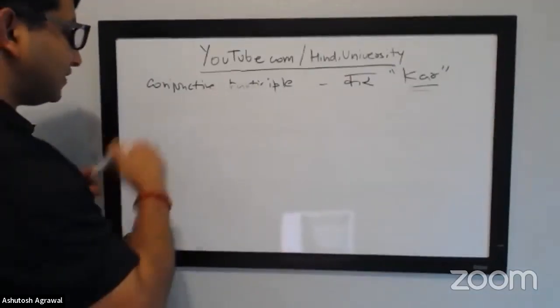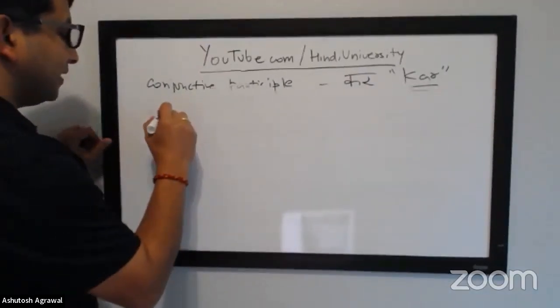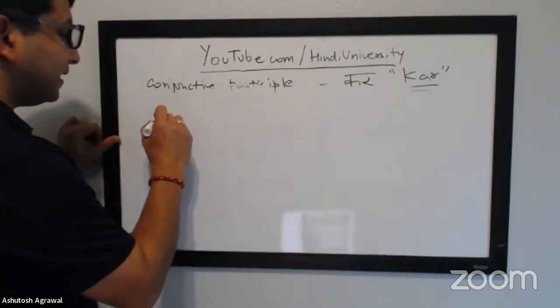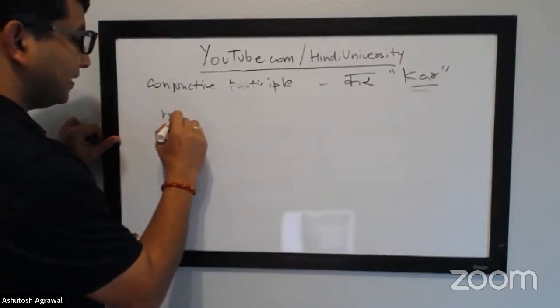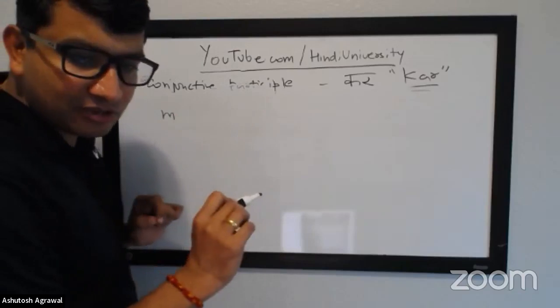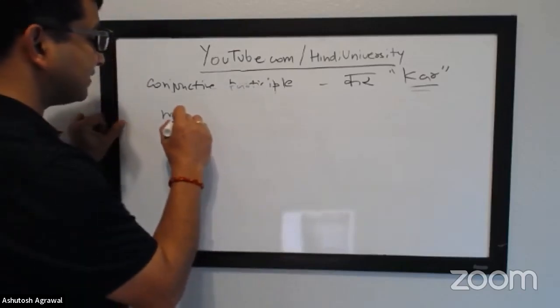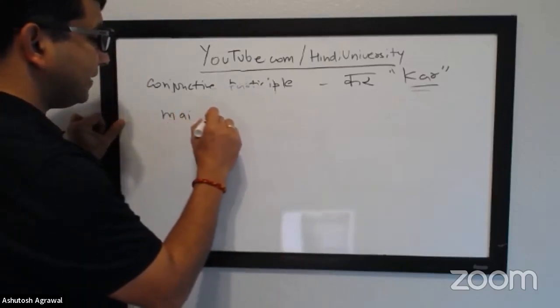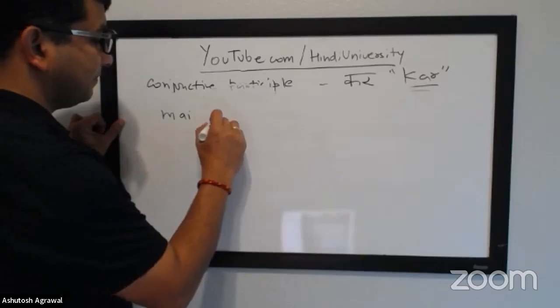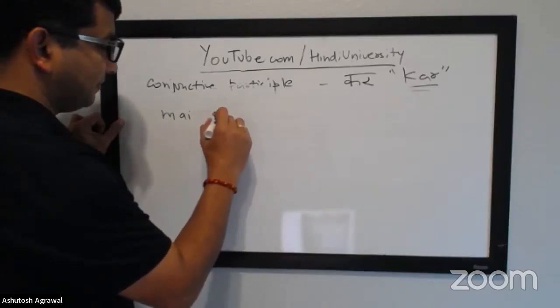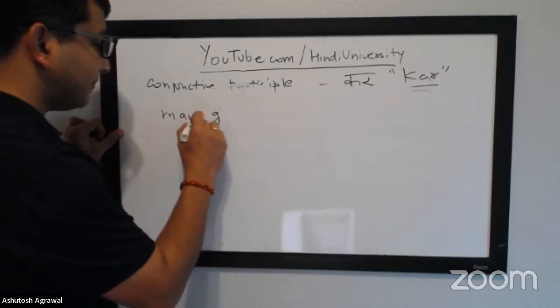Okay, let me write it down. Write down separately first, without the conjunctive participle, two sentences. मैंने खाना खाया.